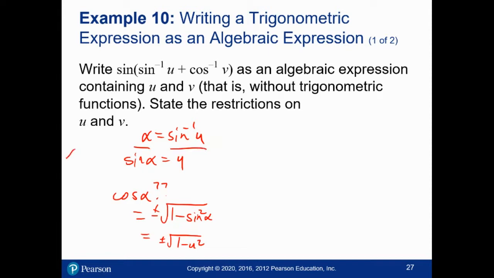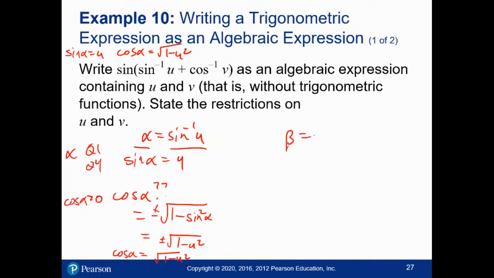Alpha is an arc sine, so alpha is in quadrant 1 or quadrant 4. Either way, its cosine is positive. So cosine of alpha has to be the positive square root of 1 minus u squared. So that's nice. I'm just going to keep track up top in this little narrow sliver. The sine of alpha is equal to u, and the cosine of alpha is equal to the positive square root of 1 minus u squared.